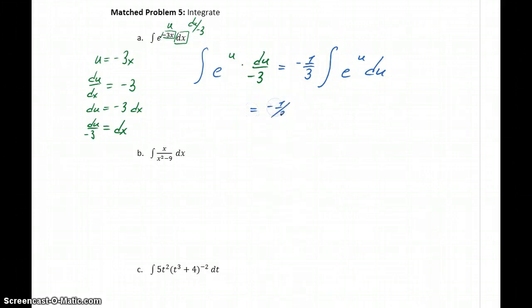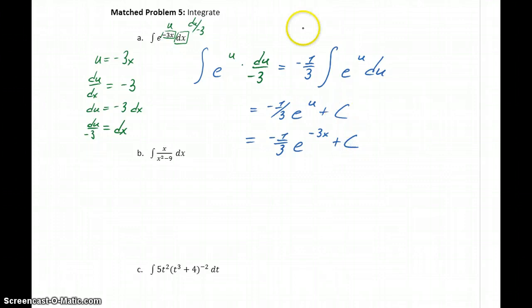So we have negative 1/3 e to the u, since the integral of e to the u is e to the u, plus some constant c, or negative 1/3 e to the negative 3x, replacing u with that original substitution, plus some constant c.